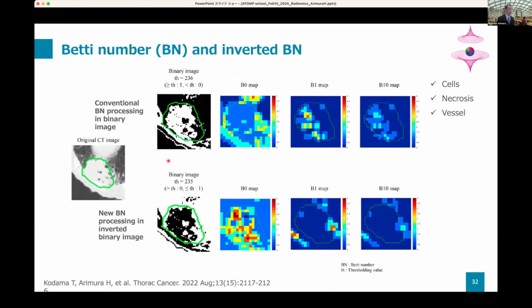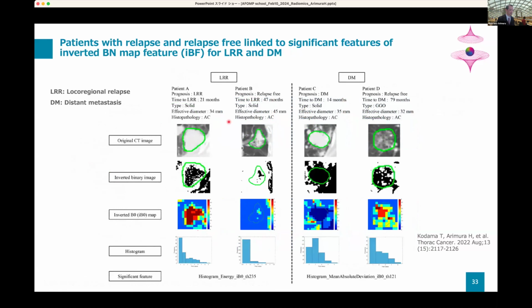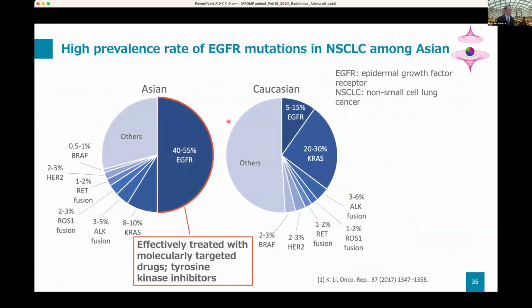In this study, we use topology, and sorry, this is a different one. This one, sorry, this one. And we have background: in Asian countries, we have many EGFR mutant patients. So that's why we focus on this detection of EGFR mutation.